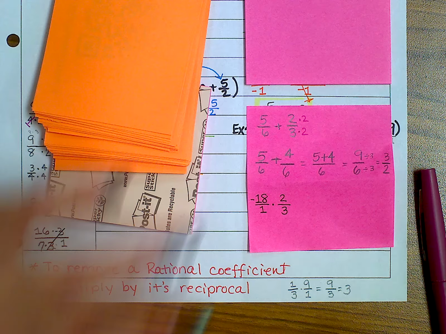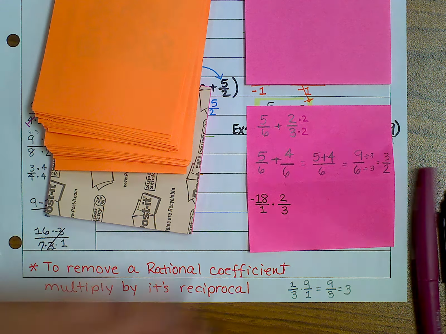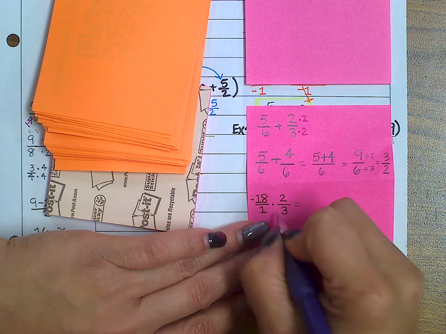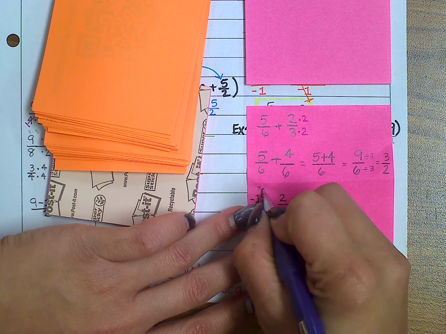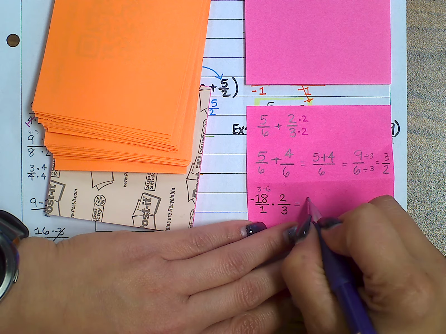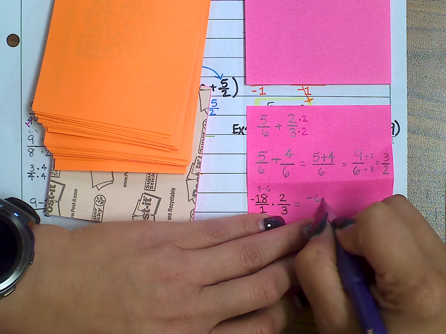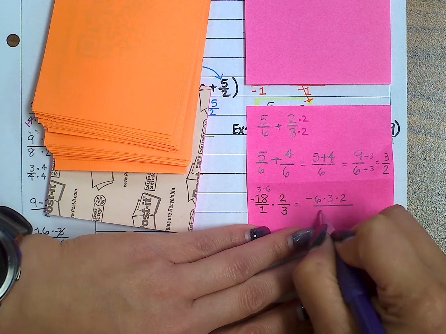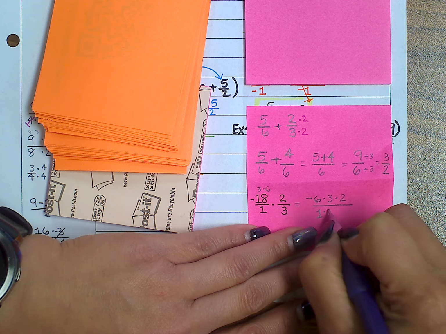Now, just to make your life easier, you're always looking to try and reduce things. So, I know 3 goes into 18. That's like 3 times 6. Okay, so in that case, I can say negative 6 times 3 times 2 over 1 times 3.